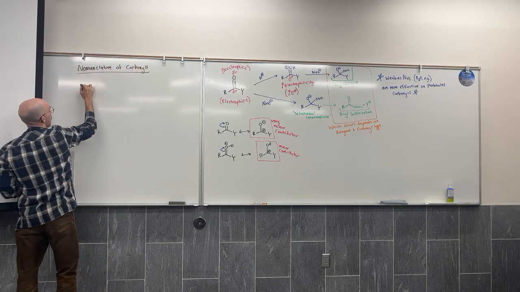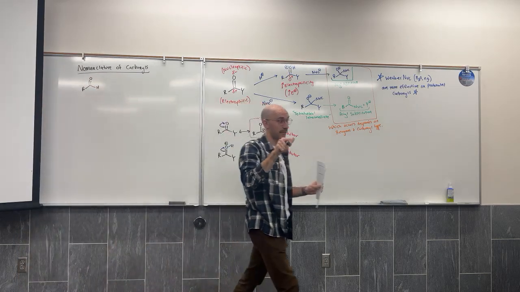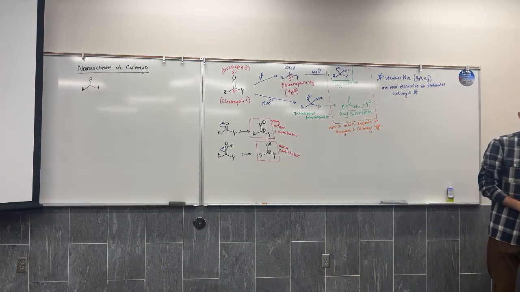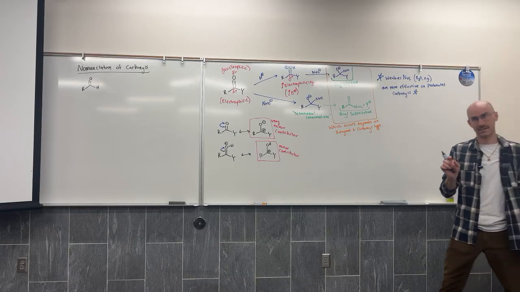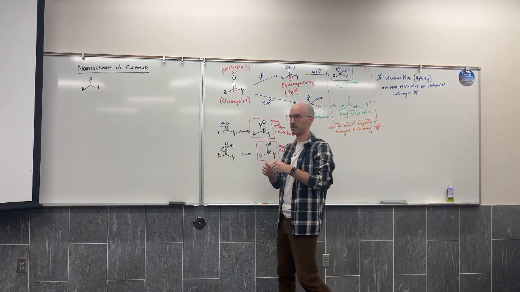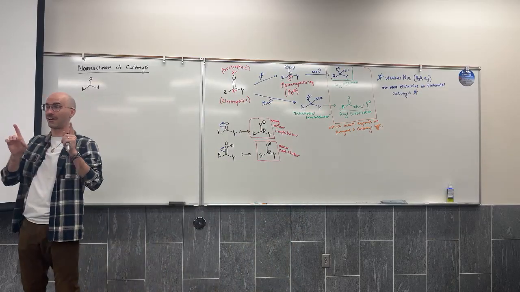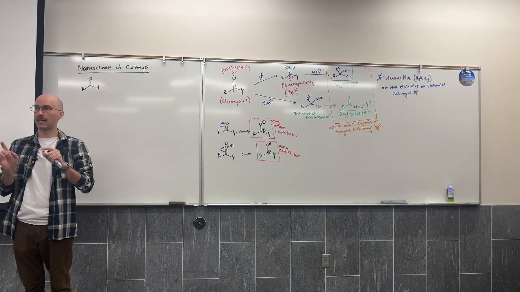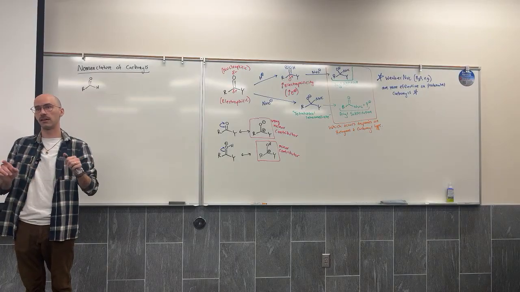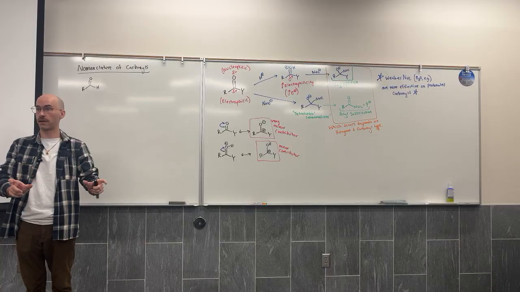All right, what we're going to do for each of these is talk about what suffix they get. But if you guys remember, the suffix is actually determined by the hydrocarbon part of a molecule. Alkane. Ane is the suffix for an alkane. Ene is the suffix for an alkene. Ine for an alkyne. Or ene-ine if both alkene and alkyne are present.